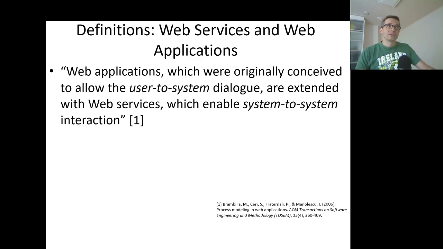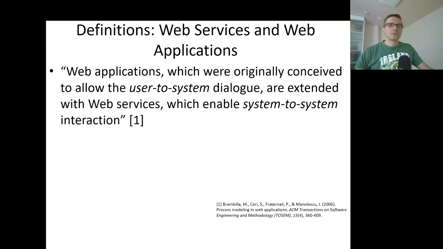According to this definition, web applications, which were originally conceived to allow the user-to-system dialogue, are extended with web services which enable system-to-system interaction. So the key here is that when we talk about web applications, we talk about user-to-system dialogue.